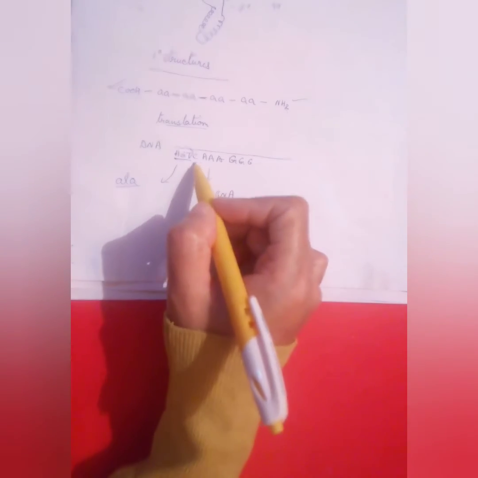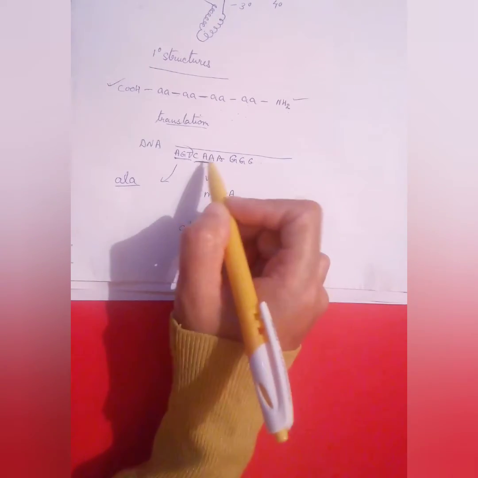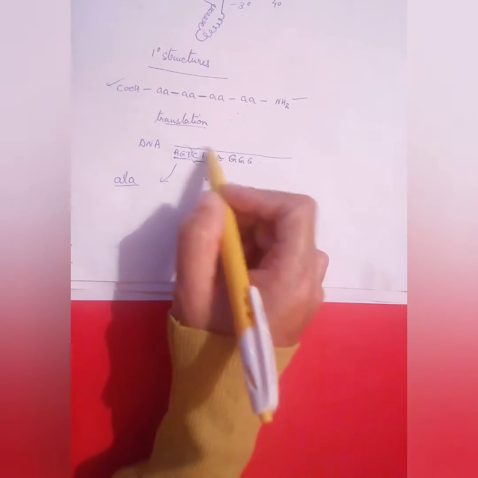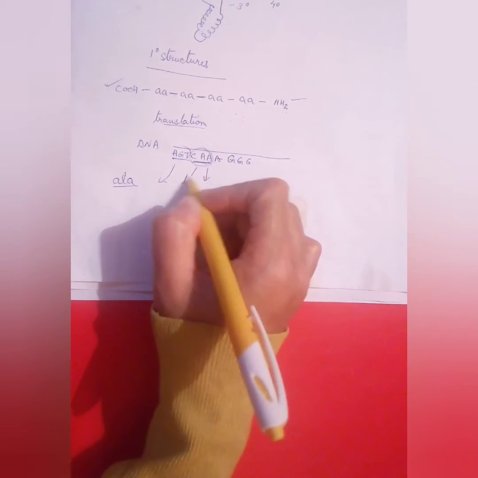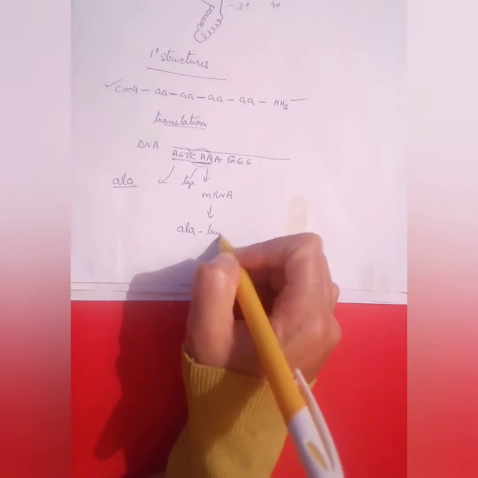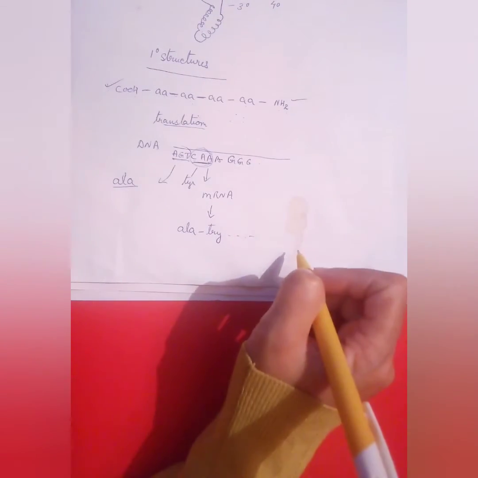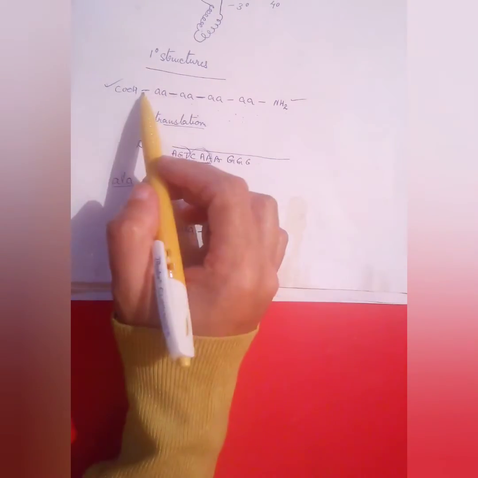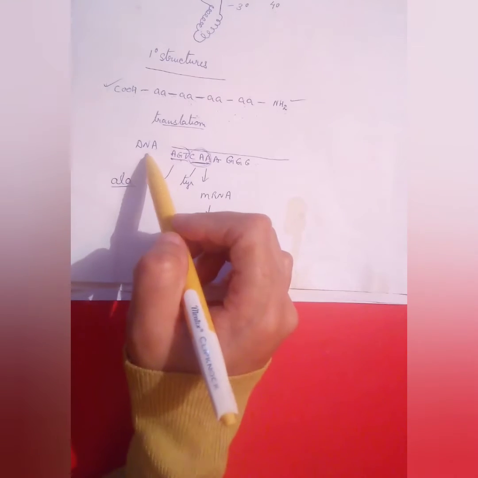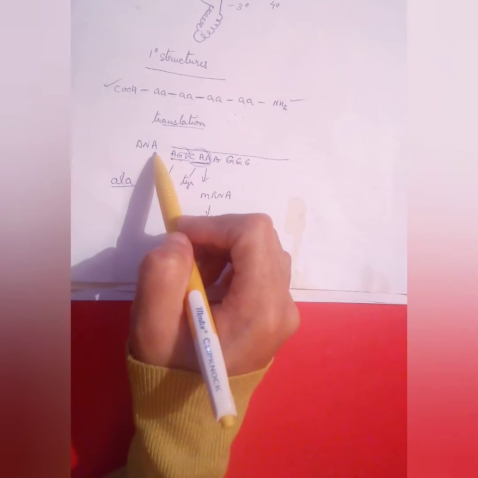Then suppose this next one, one codon, that means three here, okay? So these three will code for, suppose, tyrosine. Then the next amino acid that will form is tyrosine, and so on. So the sequence of these amino acids that will form is based on the sequence present on the DNA.